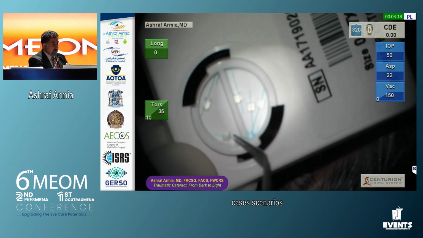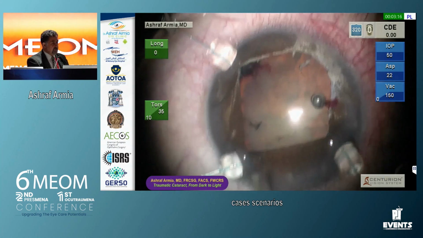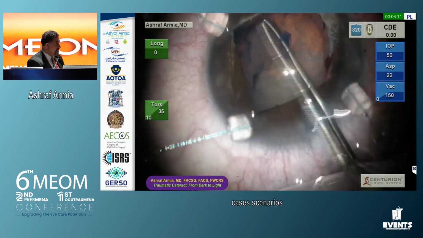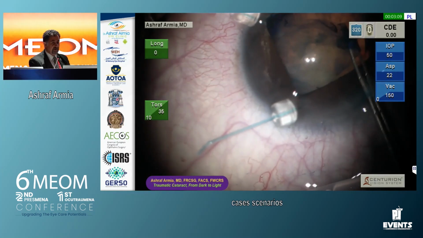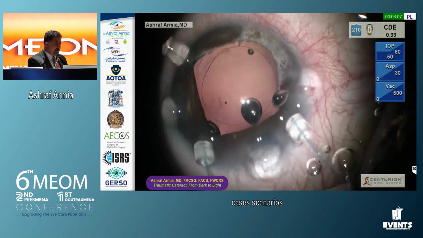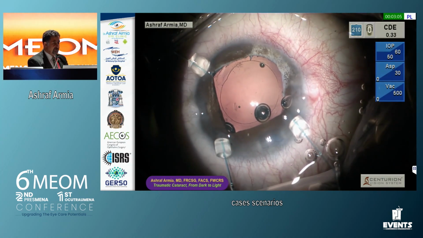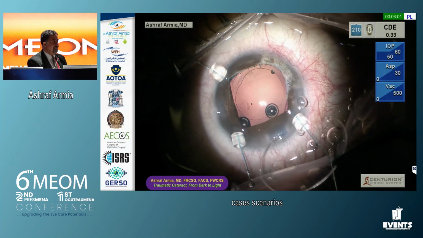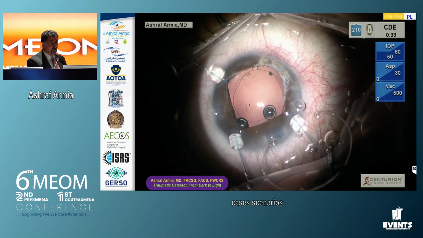Then once I finish this, I try to dilate the iris because I need to see the lens properly, because when there is a trauma, expect problems anytime. So I did a proper access for this patient, and in any case of trauma, you should put a CTR because it's a very long trauma.